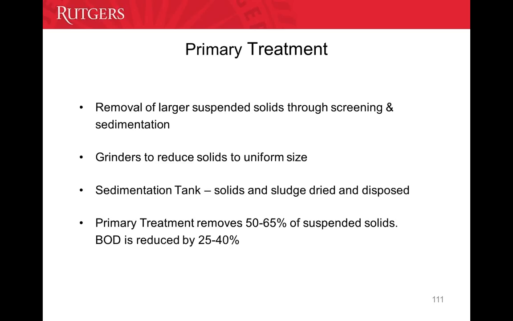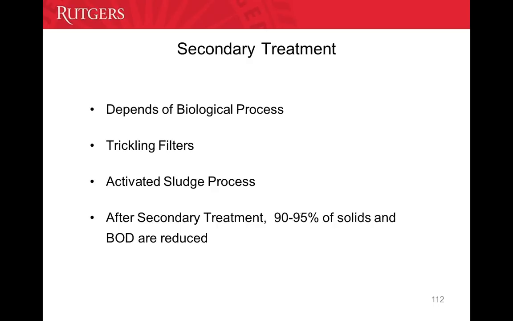So the first goal in primary treatment, of course, is to screen and remove these suspended materials, to grind those solids into a more uniform size, and to, using a sediment tank, try to have them settle out, and the sludge is dried and disposed of. Primary treatment will usually remove about 50 to 60% of the suspended solids, and we reduce the biochemical oxygen demand by 25 to 40%.